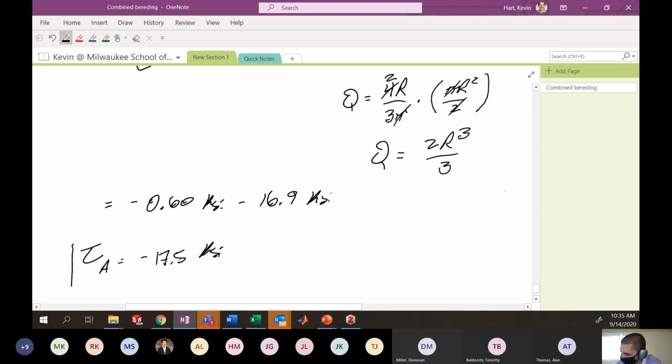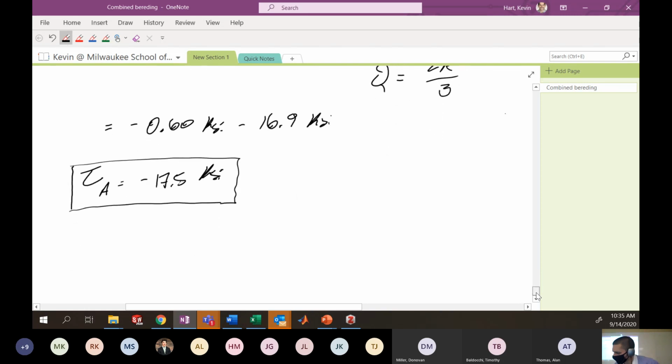All right, so I really kind of beat that one to death. It went pretty slowly. The full stress state: I don't have any normal stress. My shear stress is negative 17.5 KSI. All right. Let's do one more example and we'll power through it a little bit more quickly this time.